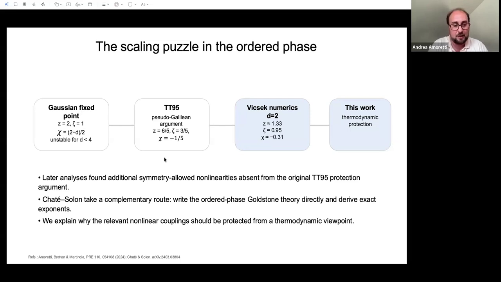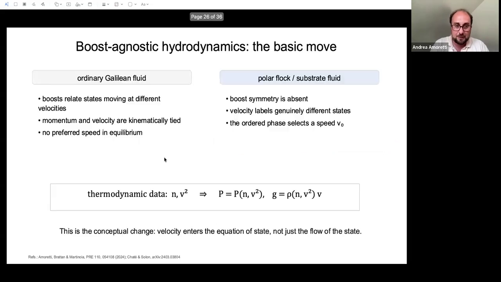At the same time as us, Chaté and Solon came with a complementary solution, with the same conclusion as ours. Now I will explain what we did and comment briefly on what Chaté and Solon did.